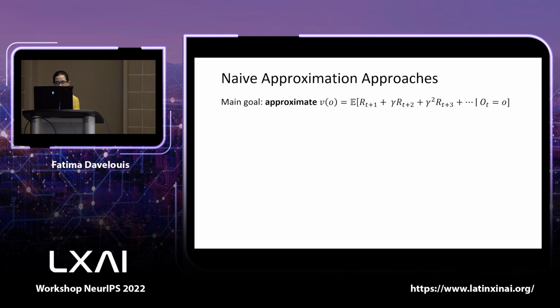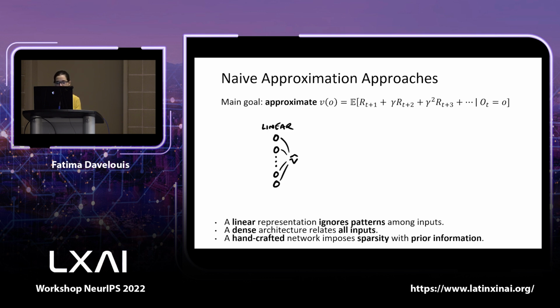So the learner's main goal is to approximate the expected return with high accuracy given the observations and rewards. But recall that the raw observations are corrupted with noise, meaning that they are uninformative, and this makes the prediction task much more difficult.